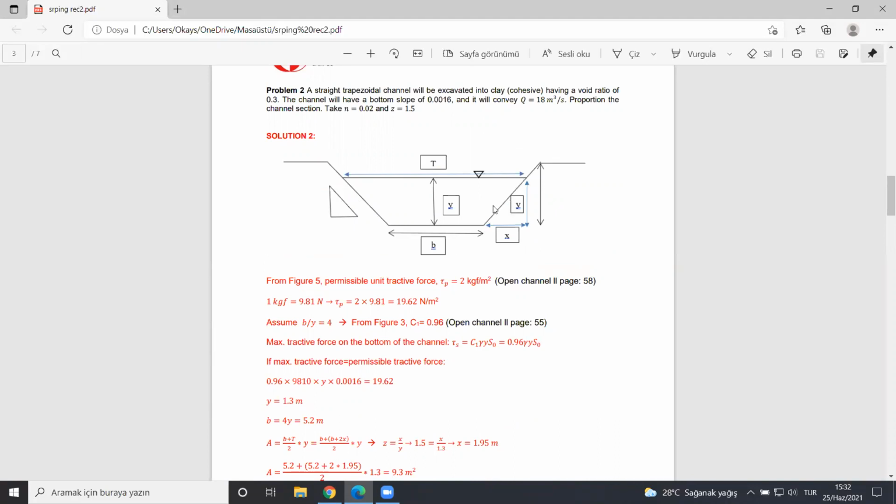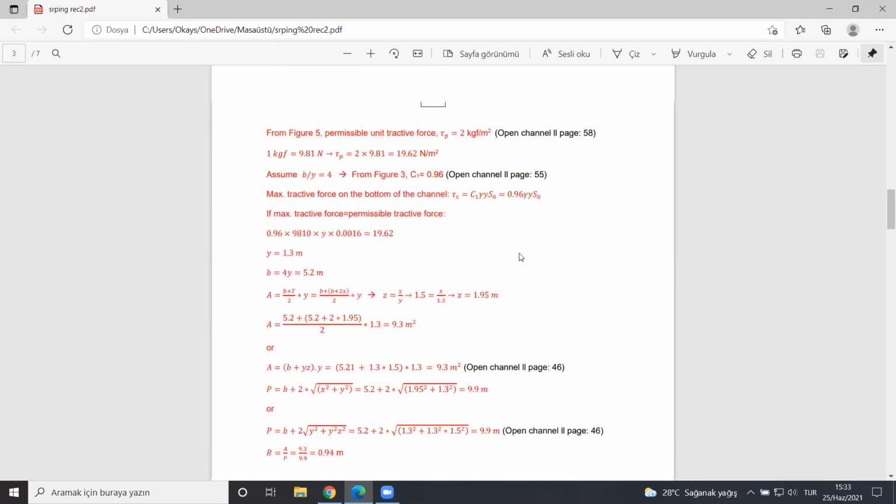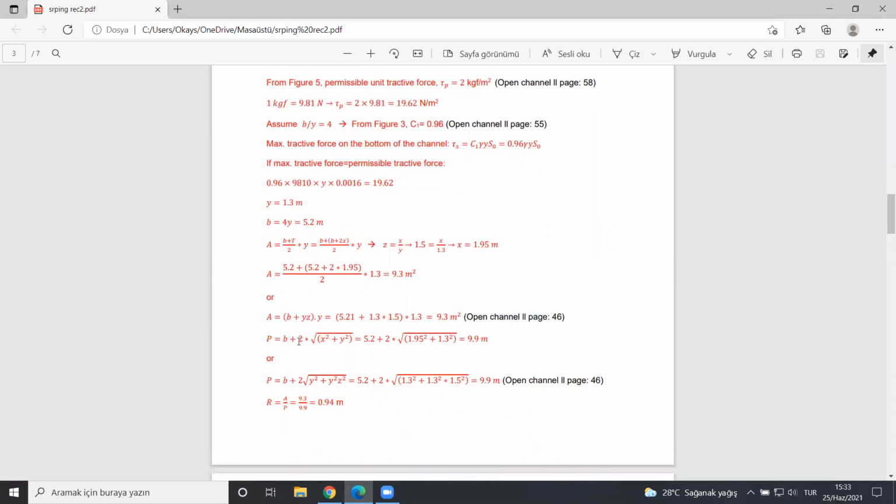So how do we calculate this length? It is basically the square root of x square plus y square. It's from basic geometry. I wrote it here. We know x, we know y, we know b. B is 5.2, x is 1.95, and y is 1.3. From this equation, P is 9.9.